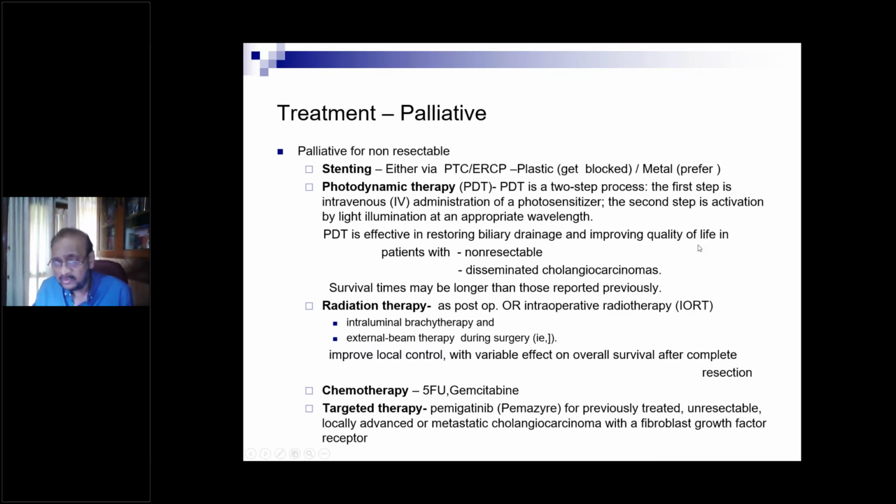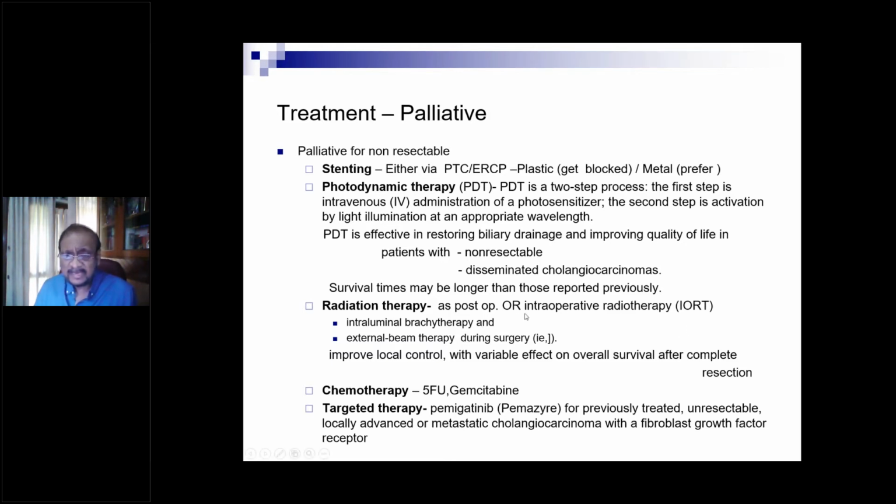It doesn't cure you. So it is used in non-resectable and disseminated cholangiocarcinomas. Survival may be longer than those reported previously. That basically means that what we knew about PDT initially and what we know today, PDT results are probably better than what we expected in the past.